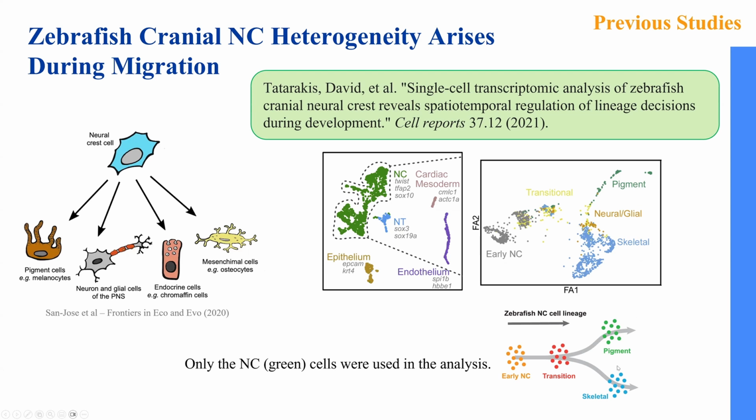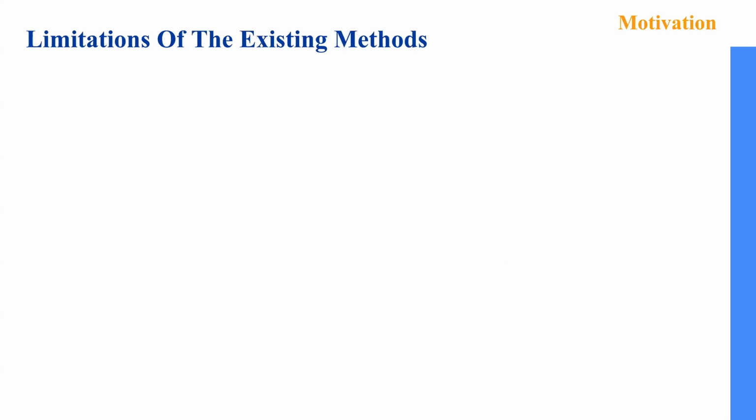But all these analyses are just using the green neural cluster cells, and all other cells are just ignored in their paper. So why I want to mention these two research works is the limitations of the existing computational methods on cell-cell communication inference.